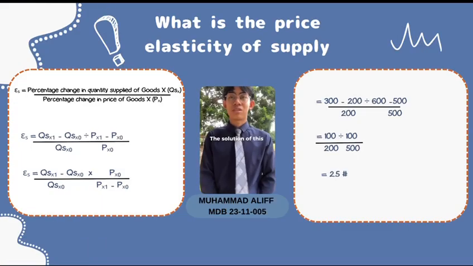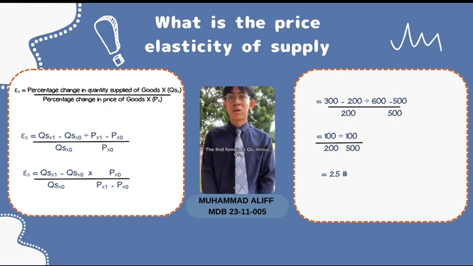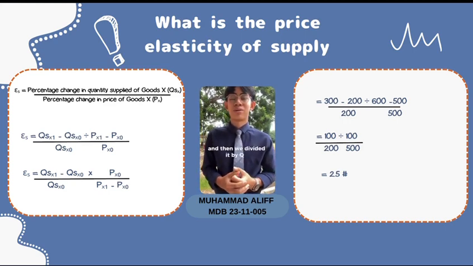For the solution of this case, we're going to use the percentage change in quantity supplied of goods divided by the percentage change in price of goods. The first formula is QS1 minus QS0, and then we divide it by QS0.